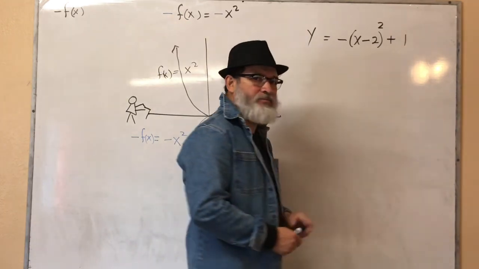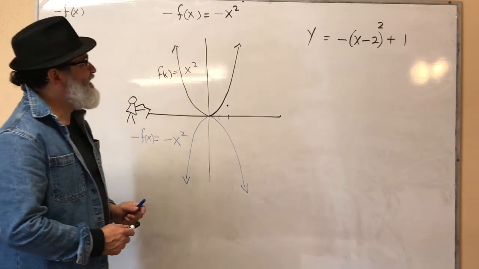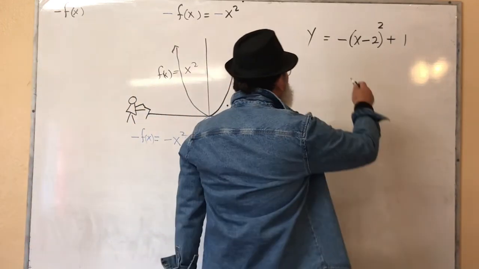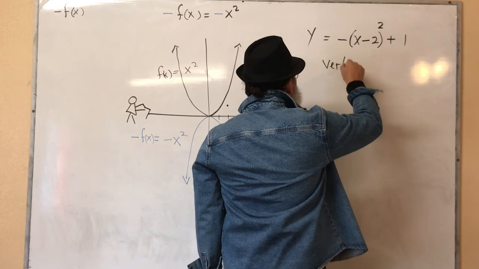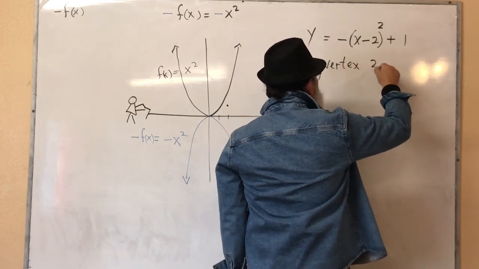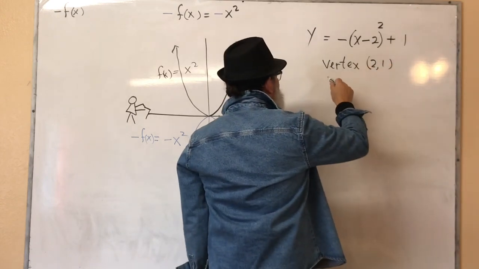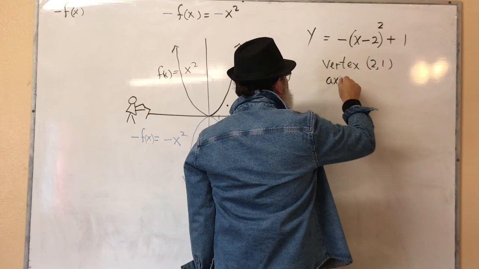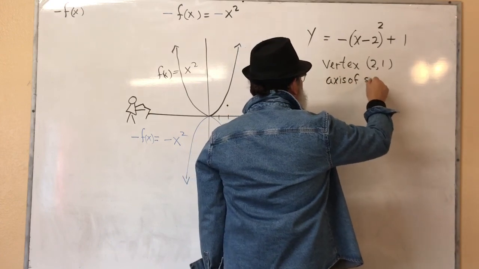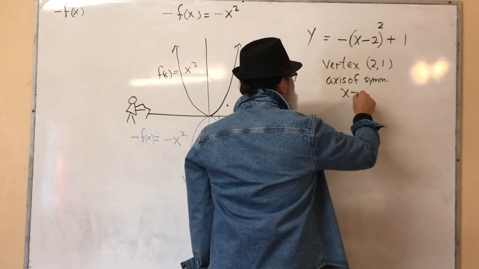That's why. Okay? And so the vertex is where? At 2, 1. What's the axis of symmetry? X equals 2.